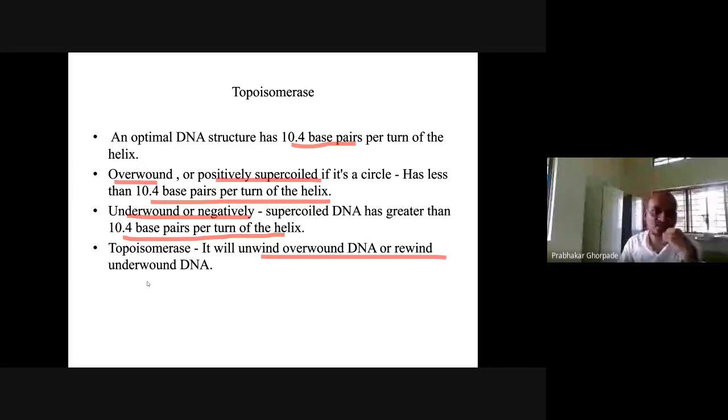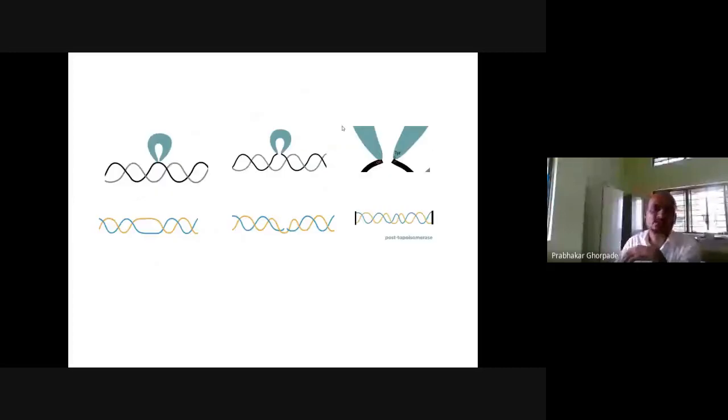So that is the function of topoisomerase: to remove the torsion, that is, unwind the overwound DNA or rewind the underwound DNA. This one is a topoisomerase enzyme. It is cutting here, holding this DNA together, and it will help pass one strand to the other strand, and then the break is resealed.